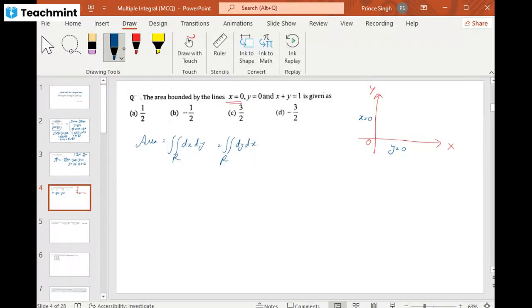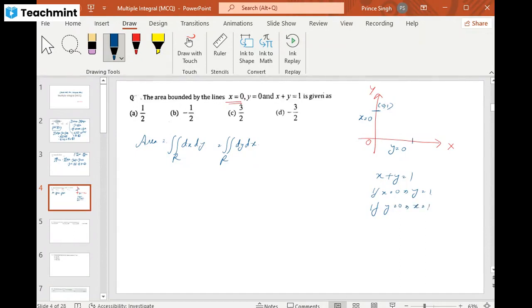For the intercept form, when x equal to 0, x plus y equal to 1 implies that y equal to 1. That means the point of intersection of this line with the y-axis is at the point 0 comma 1, and if y equal to 0, then the value of x is 1.